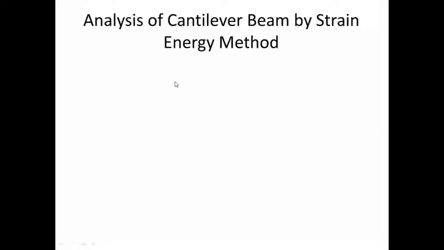Friends, can you see the screen? Okay. So equations of equilibrium are three. And how many unknown reactions are here? They are also three. Fixed end is there, A. At A, we have two reactions and one moment.